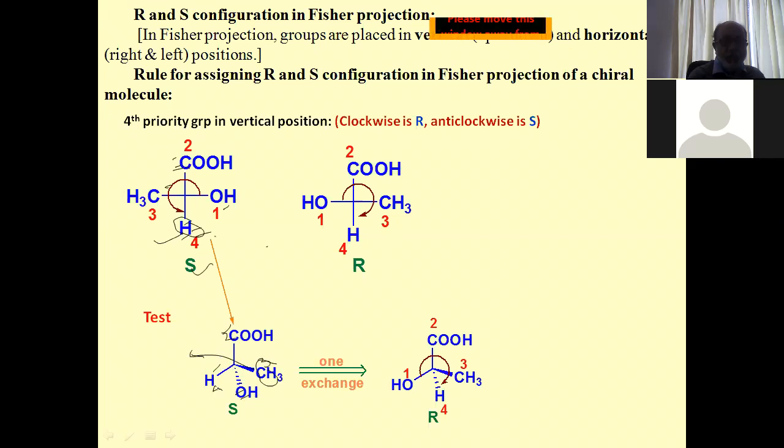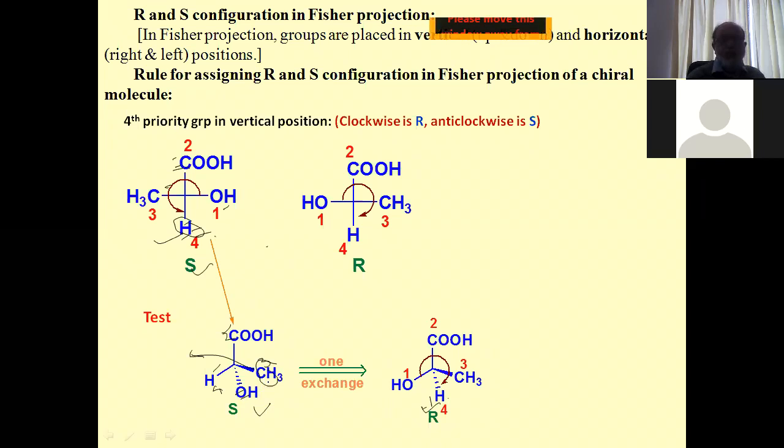But the fourth priority group is not behind the plane. So we exchange it with the other group which is at the back. So we have done one exchange. In this case, we find it is R. So this must be S, because one exchange gives the opposite configuration.